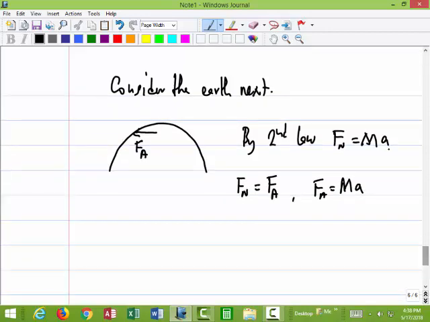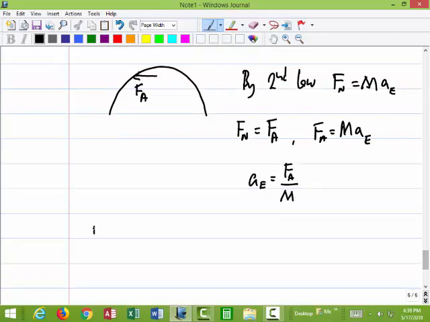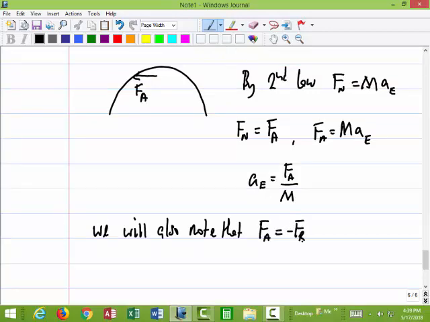Let's use A subscript E for the acceleration of the earth, so that we separate that from the acceleration of the person. So we can say that the acceleration of the earth is equal to the action force divided by the mass of the earth. We will also note that F subscript A is equal to minus F subscript R, as we already know from Newton's third law.